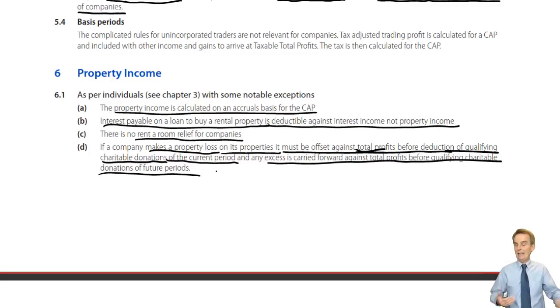What you might get in an exam question is that at the commencement of the accounting period, there were these losses that were brought forward. I don't have to explain how they arose. One of those is a property income loss. What do we do with it? As it says there, on this period's computation it will go against your total profits of the current period before the deduction of your qualifying charitable donations.